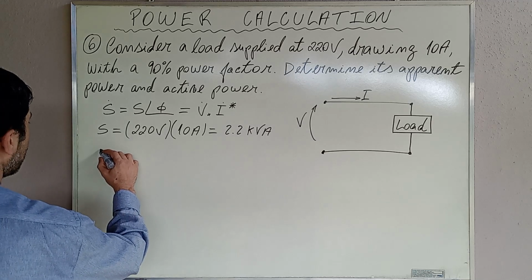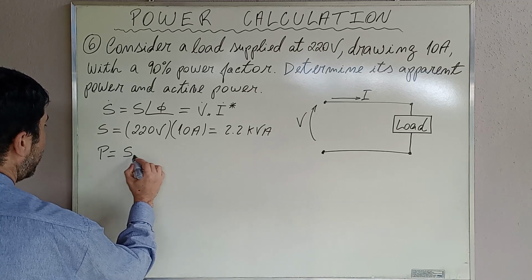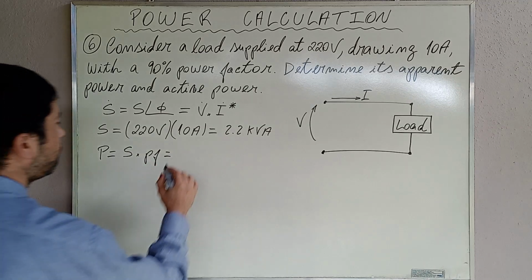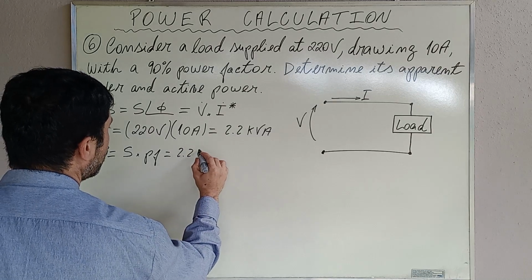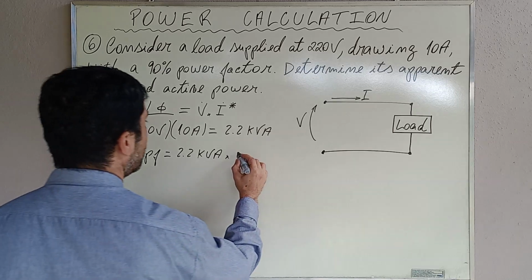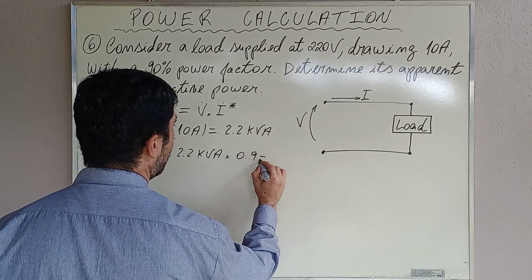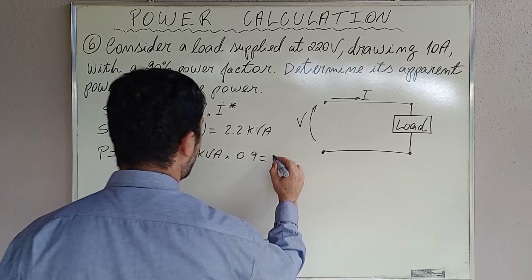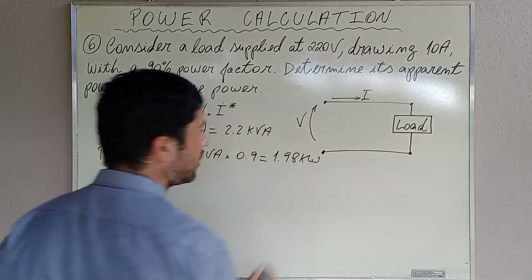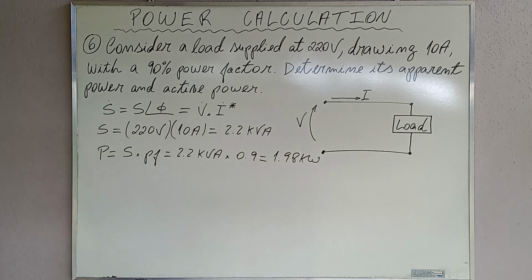P is equal to S times the power factor, that is 2.2 kVA times 0.9, and this is equal to 1.98 kilowatts.